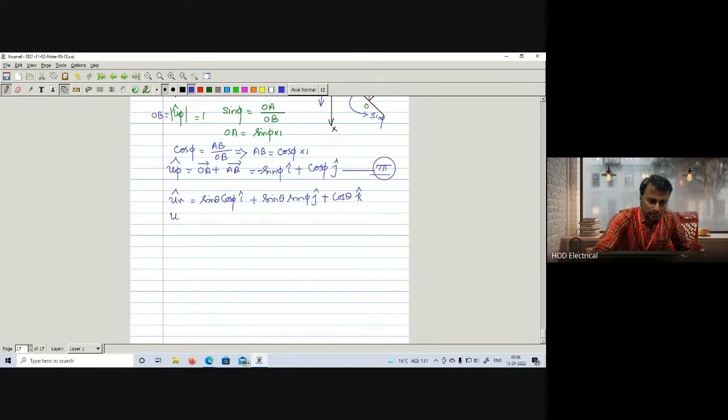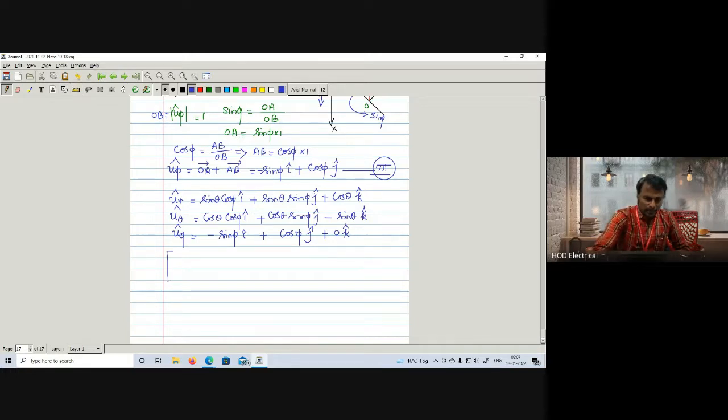Then u theta hat is equal to cos theta cos phi i-hat plus cos theta sin phi j-hat plus minus sin theta k-hat. Then u phi hat is equal to minus sin phi i-hat plus cos phi j-hat plus 0 into k-hat. There is no vector along the direction of k.